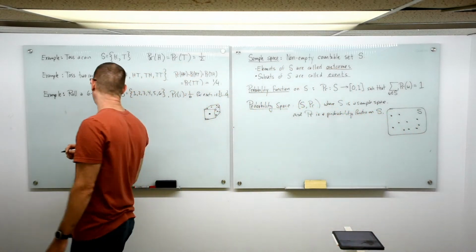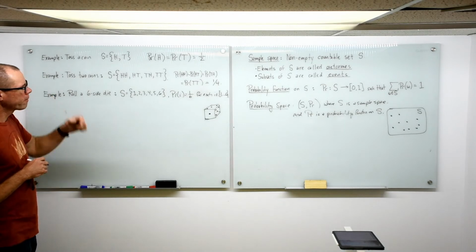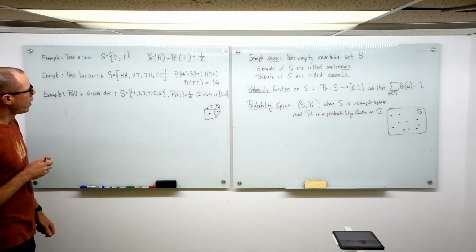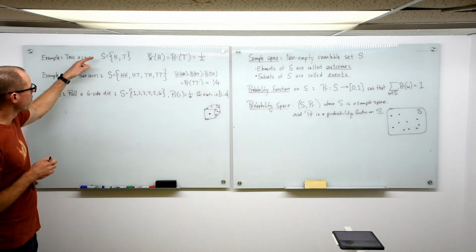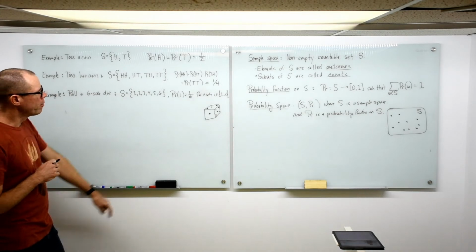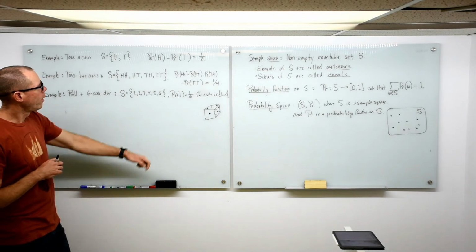Another example. So one thing you may be noticing here is so far, okay, the sample spaces are kind of easy to define. The probability functions have been sort of special so far.